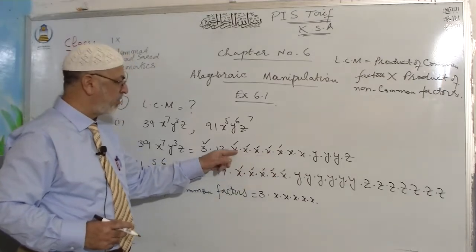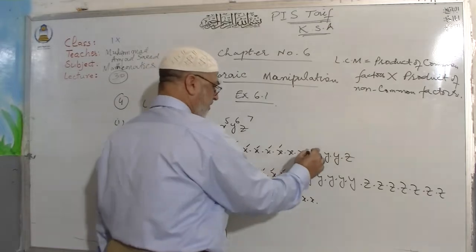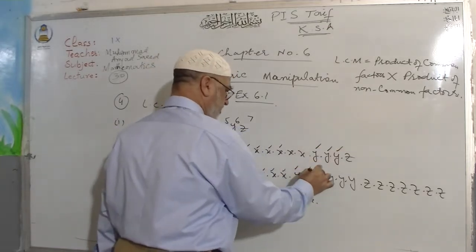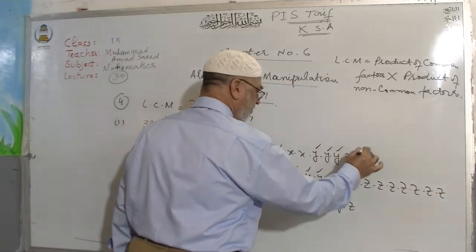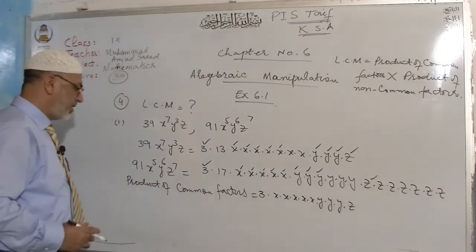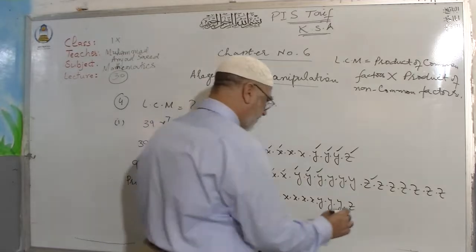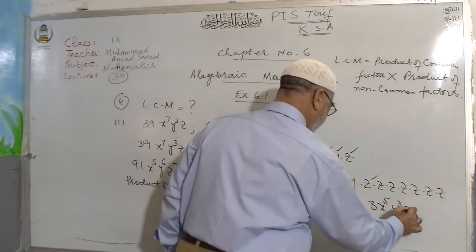These two x are non-common. Y 3 times and Z 1 time. Dear students, you can check. This is product of common factors: 3x5, y cube and z.